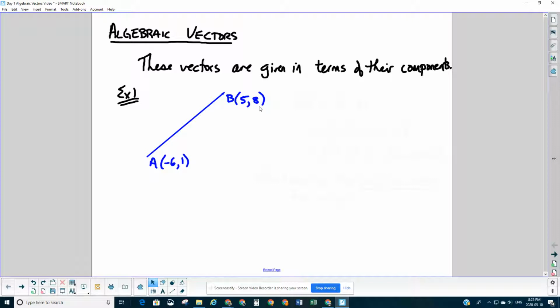So you can see the visual geometric vector right here, but we're going to represent it with some algebraic components. So if it travels from here to here, then what we say is vector AB is said to be B minus A.